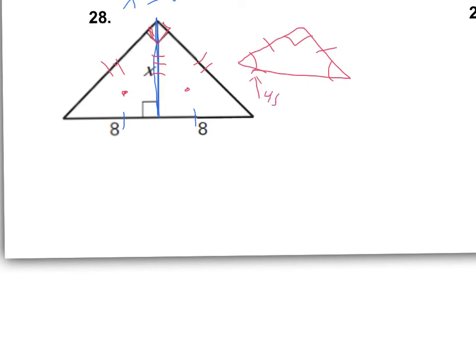They would have to be 45 degrees. Alright, so that means this is 45 and this is 45. And I know this is 90. That means each of these has to be 45 also. And so what that is going to mean is that 8 and x are equal.